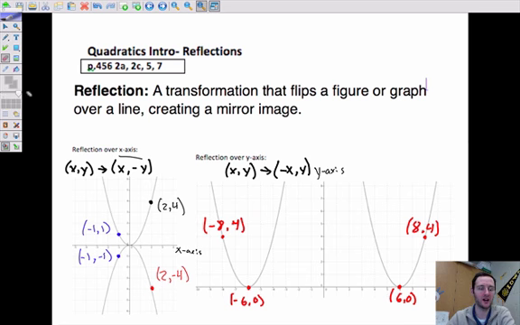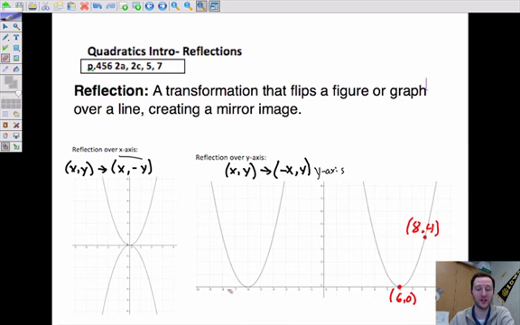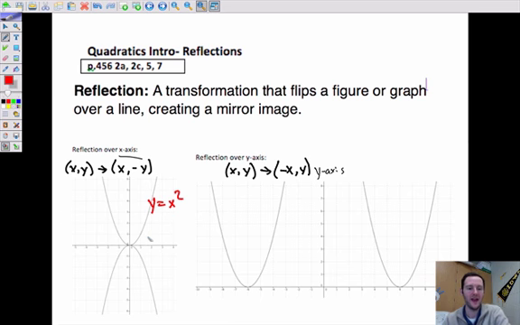Now, in terms of the equation of the parabola, here our parent function was y equals x squared. And if I reflect over the x-axis, what this does is now instead of opening up, this opens down. And so my equation needs to somehow reflect that. And so how you'll do this is, let's think about what's happening to these coordinates, right?